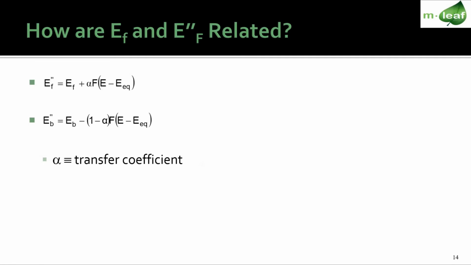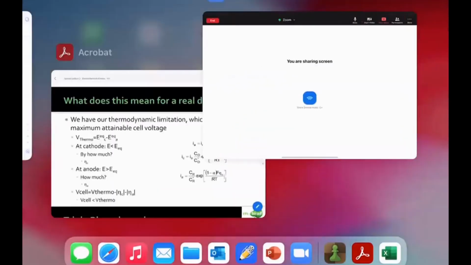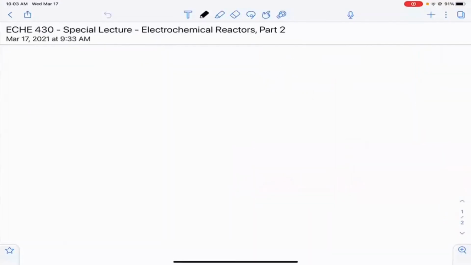And so one of the things that we often get in an electrochemical cell is an equation that relates the current to potential, not necessarily to the activation energies as we've seen previously. And that's called the current overpotential equation, right? And so we said before that the current is really a measure of our reaction rate. And so that current is equal to this thing called I0, which is called the exchange current density.